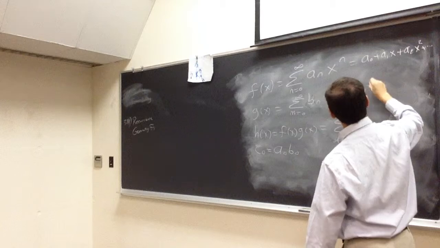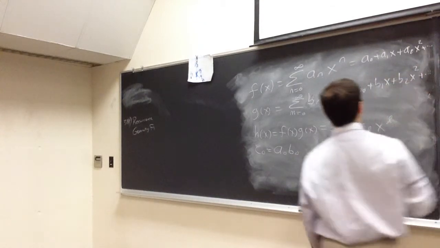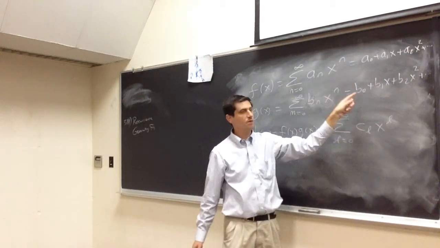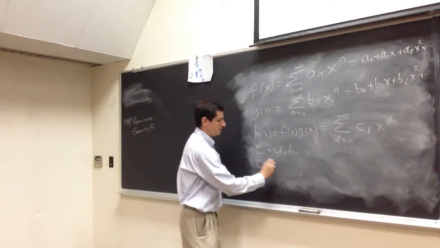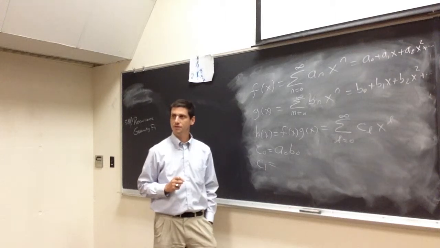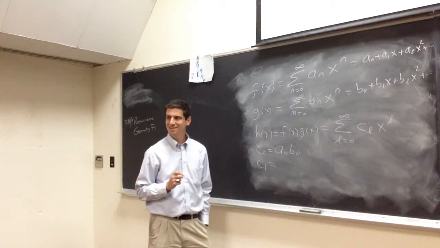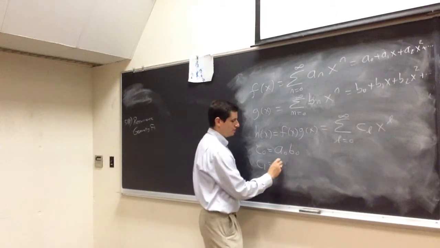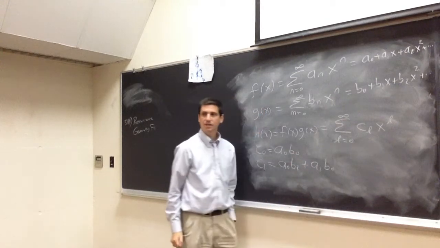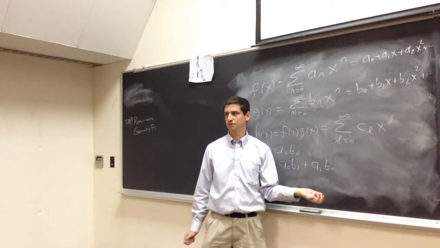This is b0 plus b1x plus b2x squared, and so on. If I want to get a constant term, the only way is a0 times b0. What if I want to get the linear term? What's the only way to get the linear term? Right, it's a0 b1 plus a1 b0. It doesn't matter how you read it, I prefer to have my a's marching up and my b's marching down.